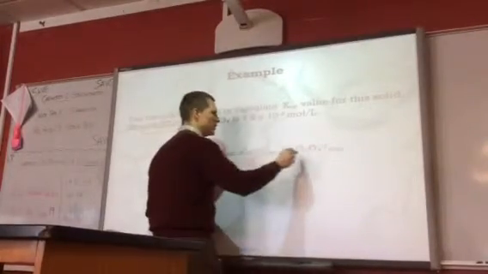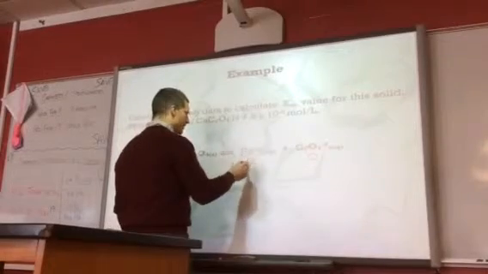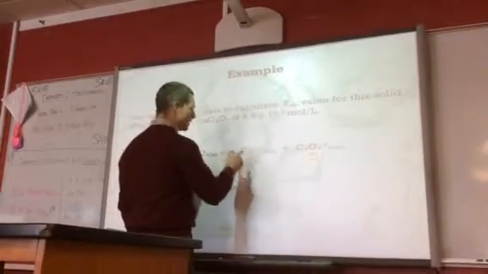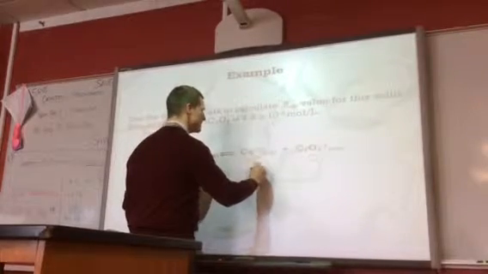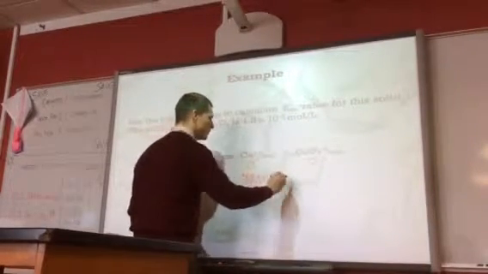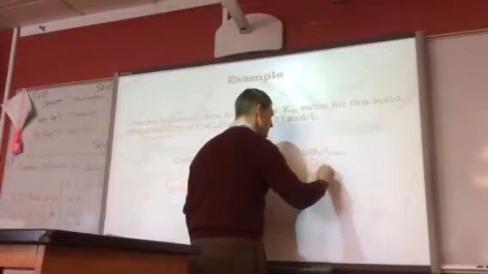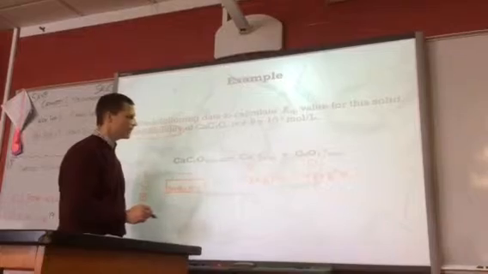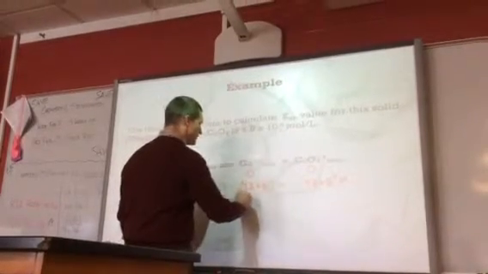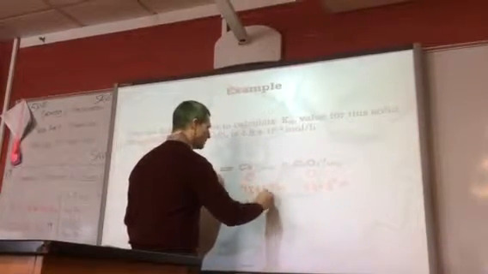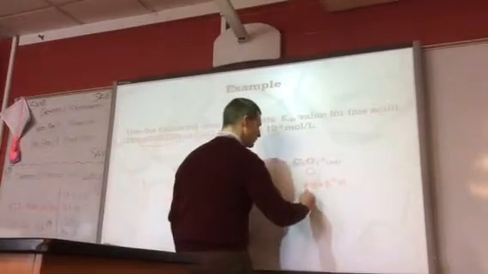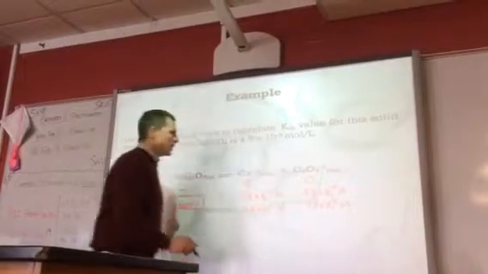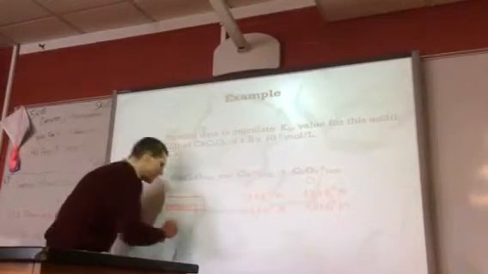So if I start with 0 of each of these, they go up by the amount that this goes down, 4.8 times 10 to the negative fifth molarity each. So these are the equilibrium amounts. And so the question is, what is KSP?